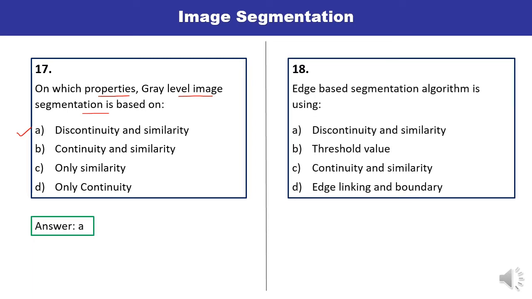Question number 18 is, edge based segmentation algorithms using discontinuity and similarity, threshold value, continuity and similarity, edge linking, and boundary. So edge based segmentation algorithms use edge linking and boundary, means D is the correct answer.